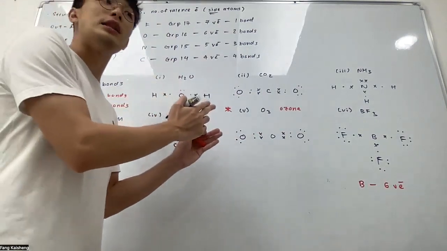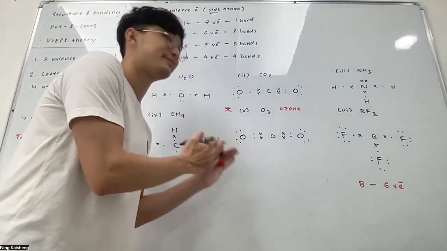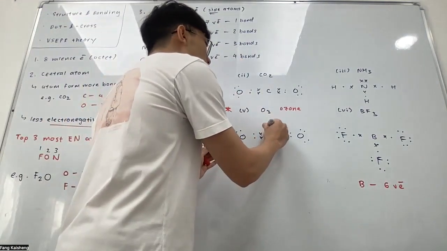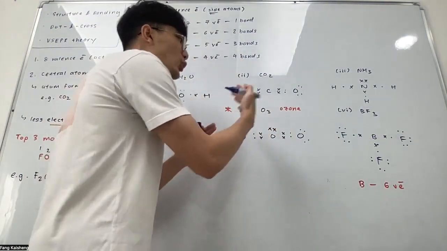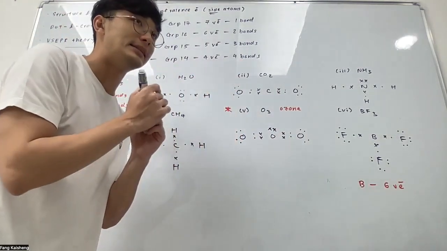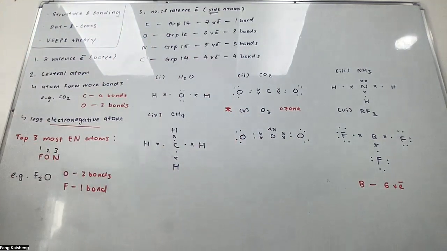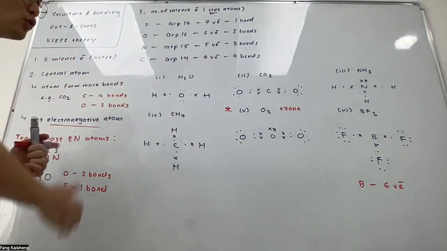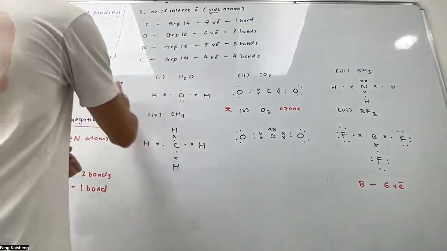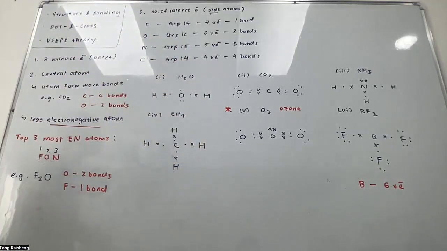Is there anything else that I need to touch up on? Oxygen must have 6 valence electrons, so they must still be there. It's just not doing anything, right? Not involved in bonding. So is this the answer? What's something weird about this? As you guys have noticed, there's more than 8 valence electrons, that's the problem, right? And we cannot hold more than 8 valence electrons. That's not possible for oxygen.